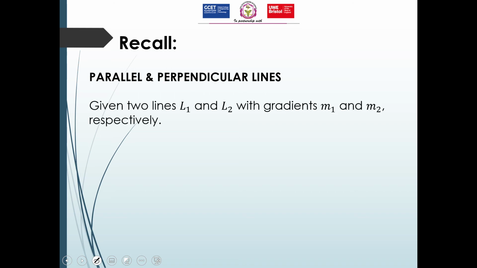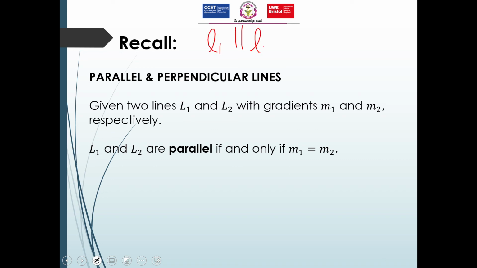Okay, so let's move on to the next equation. But we need to recall first parallel and perpendicular lines. Remember, 2 lines are parallel. Line 1 is parallel to line 2, meaning they will never meet at all if the gradients are equal.